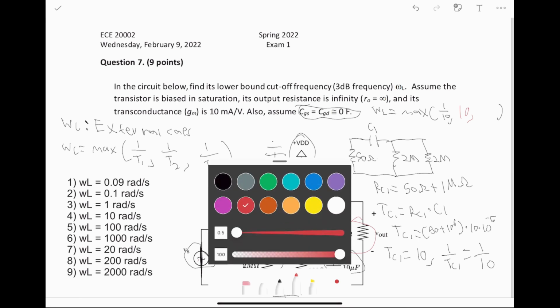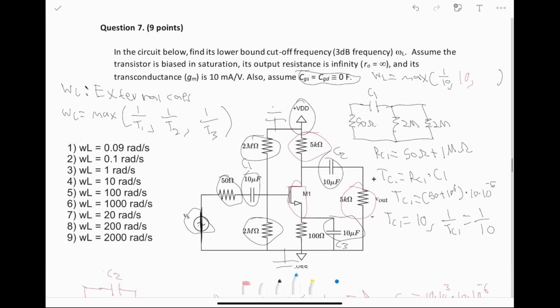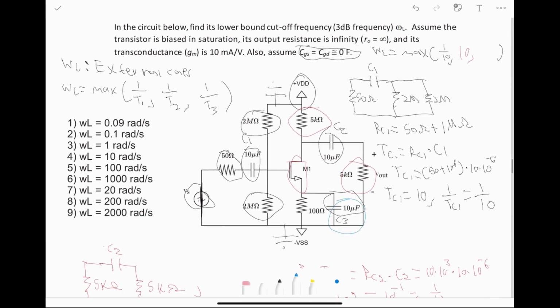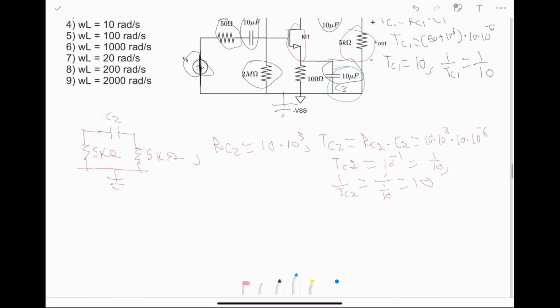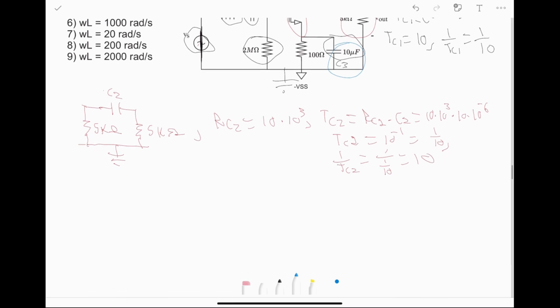Lastly, we want to find C3 and the resistance associated with it so that we can find its time constant. So let's get to doing that. If we start to draw C3, we have this capacitor, C3, and this 100 ohm resistor that is in parallel with it.